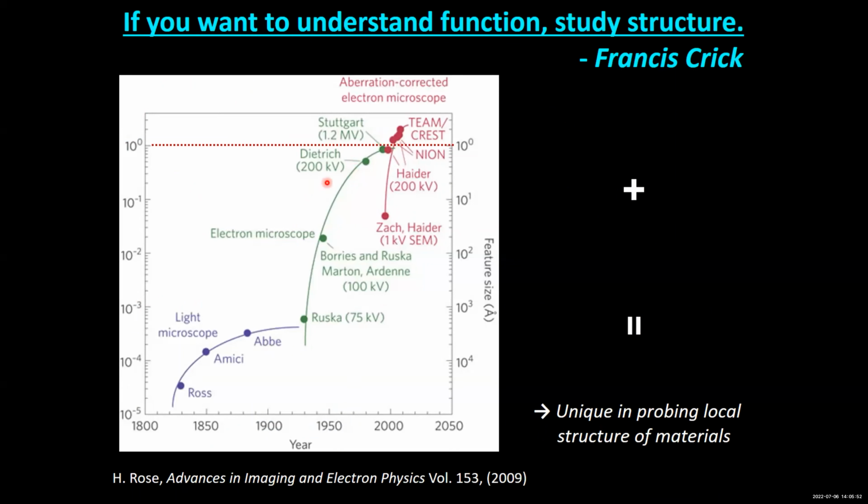But short wavelengths apply to both electrons and X-rays. Due to the charged nature of electrons, we can use electromagnetic lenses to effectively focus them to form a high-resolution image, which cannot be easily achieved for X-rays. With the advent of aberration correction, today's TEM can routinely reach sub-angstrom resolution, which makes it unique in probing the local structure of materials.